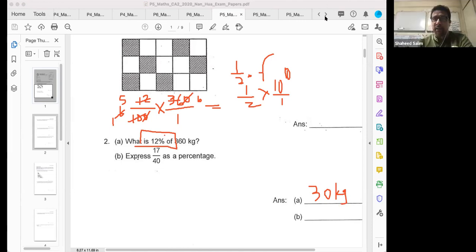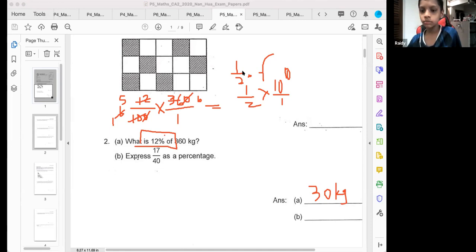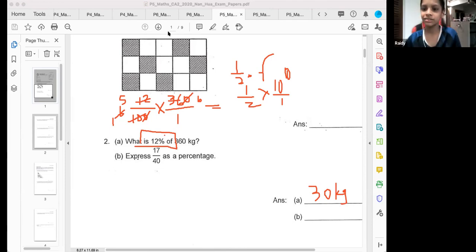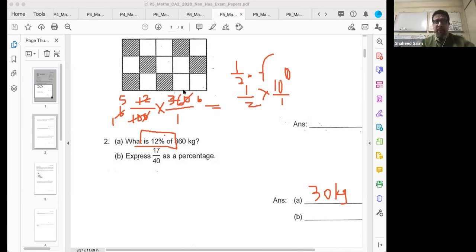Okay, what's the easy method? 360 divided by 12, and then you find 1%. If you take 360 divided by 12, it's already the answer. Okay. Are you sure? All right, you'll try the next one then.